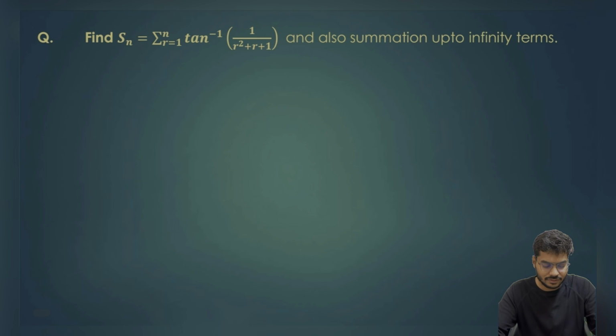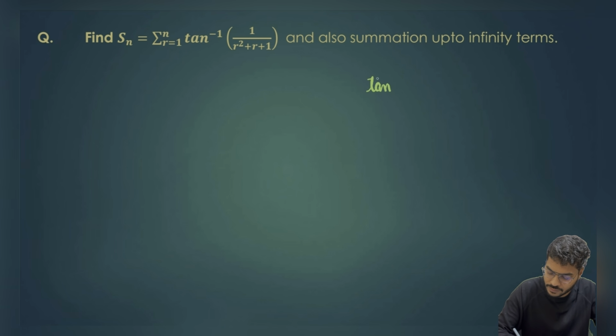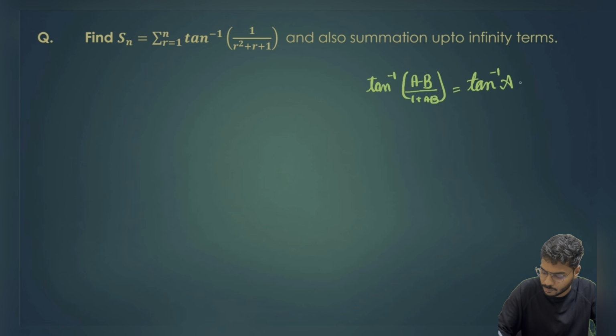Find Sn, which is nothing but the summation of r from 1 to n, tan inverse 1 upon (r square plus r plus 1), and also find the summation up to infinite terms. As we discussed right now, the formula of tan inverse (a minus b upon 1 plus ab) is nothing but tan inverse a minus tan inverse b.